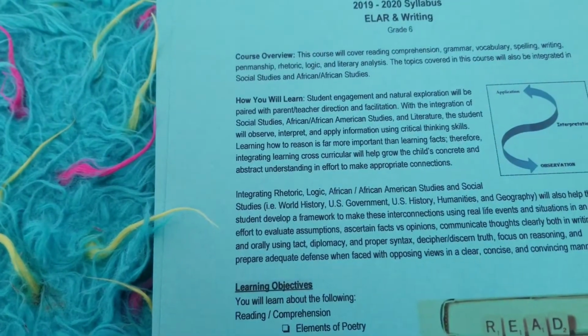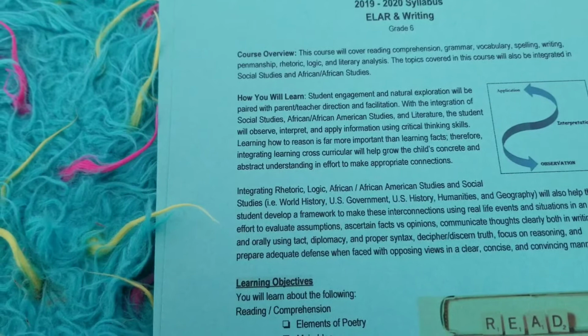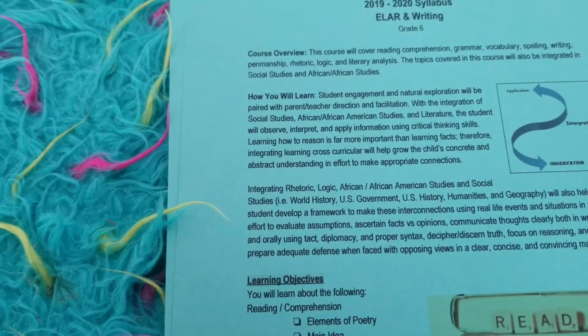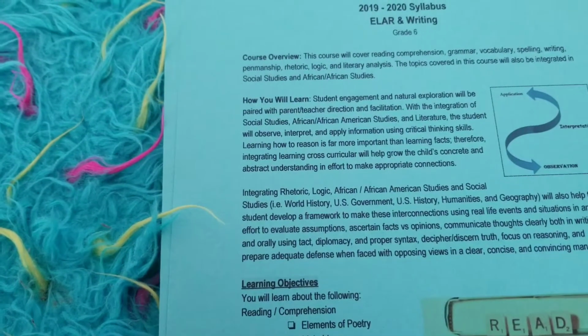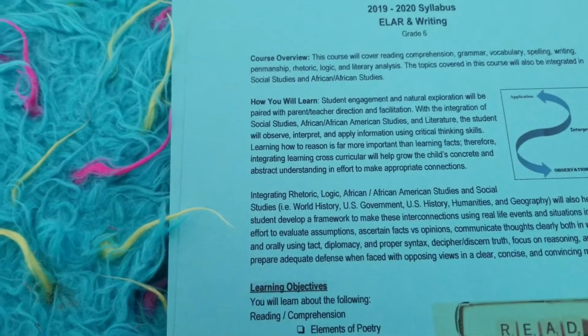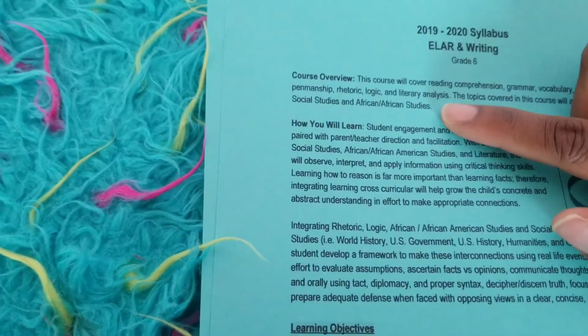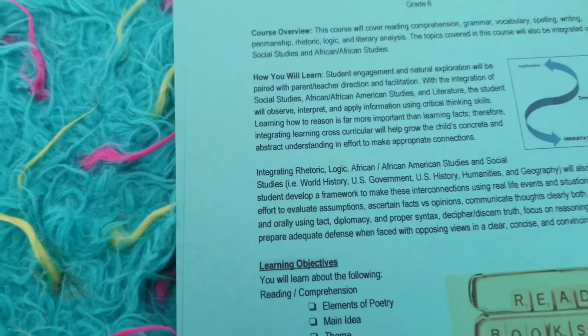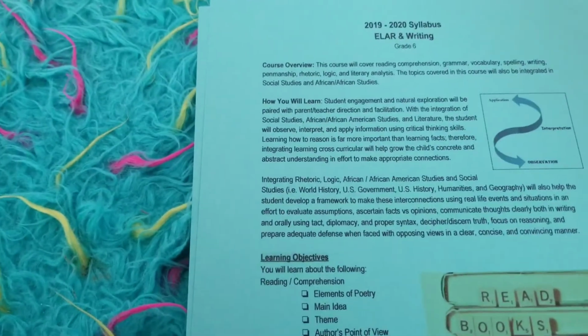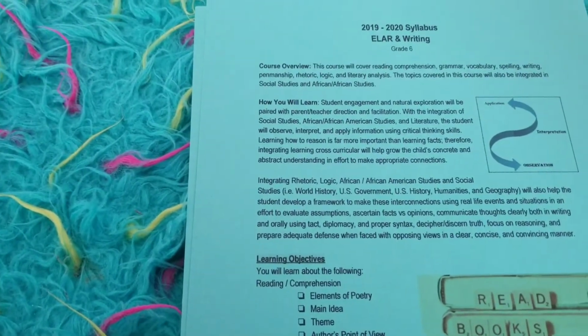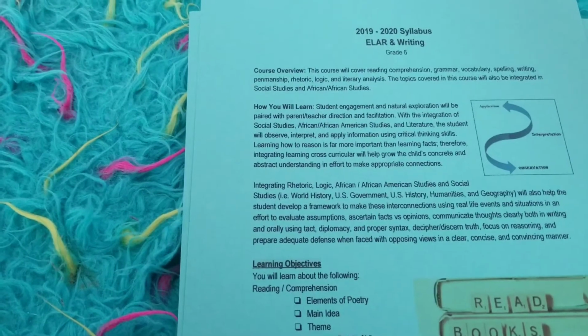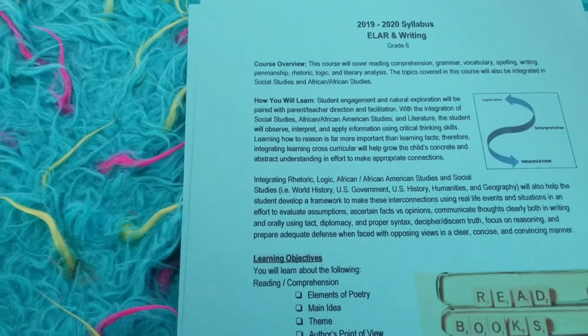The topics covered in this course will also be integrated in social studies and African American studies. As you can see, there's one typo here. It should say African/African American. But guess what? I'm not going to fix that, because when we had our conversation, I found that error. I verbally corrected it. He understands.